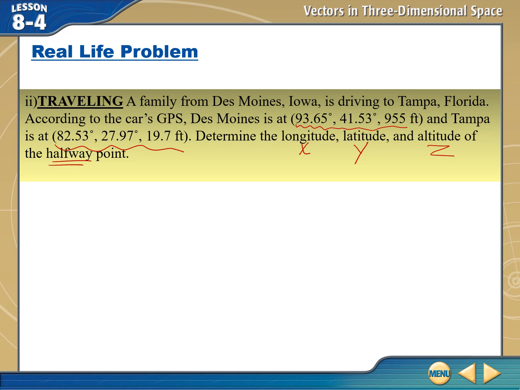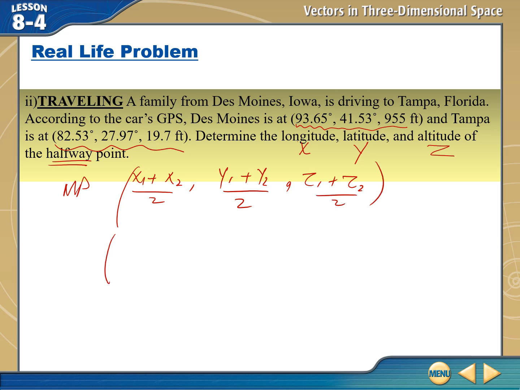So halfway point indicates the midpoint formula, which is x1 plus x2 divided by 2, y1 plus y2 divided by 2, and z1 plus z2 divided by 2. So what is our x1? x1 is 93.65 plus x2 is 82.53 and divided by 2.